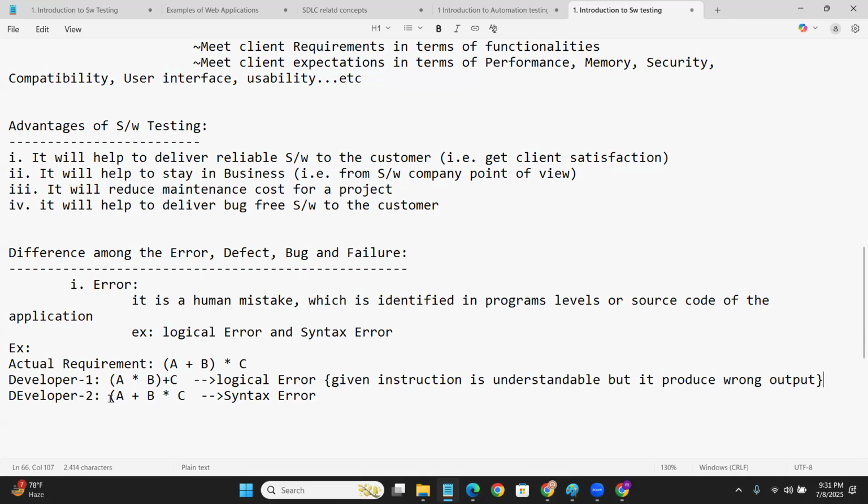Syntax error: the given instruction here is incomplete, because I gave an open bracket here, but where is the closed bracket, after A or after B or after C? The system is not going to assume anything.